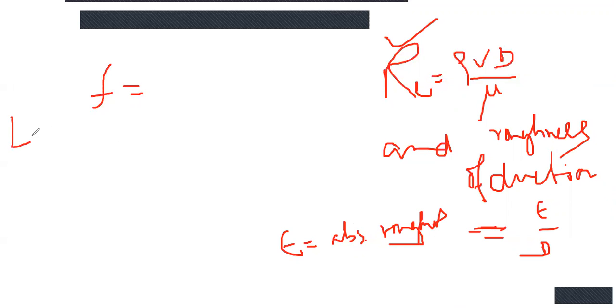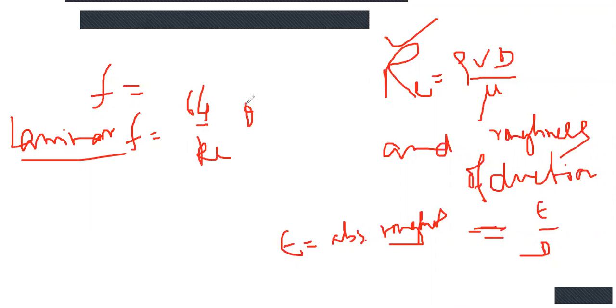First of all, for the laminar case, if the flow of air in the duct is laminar, then the friction factor is 64 by Re, when Re is less than 2000. We already know that is laminar.